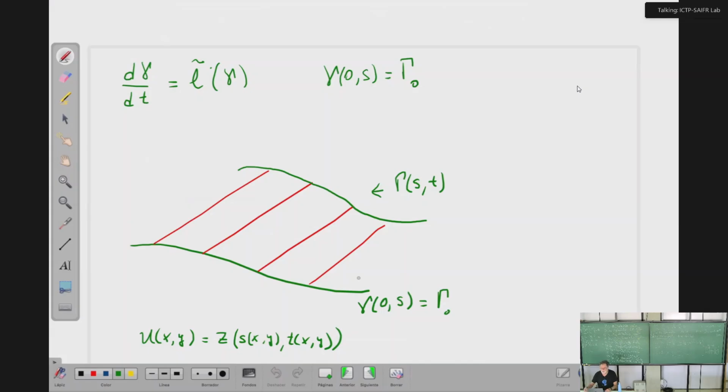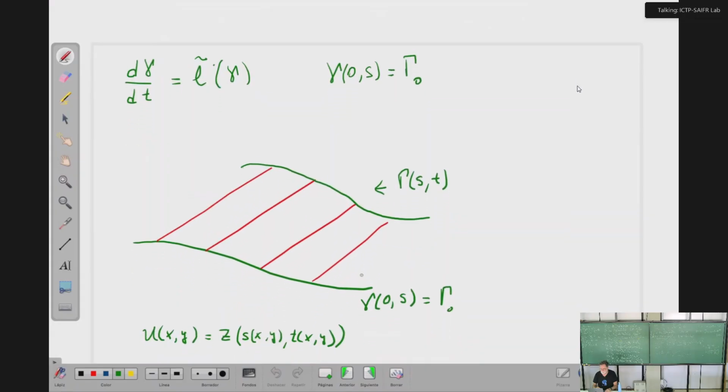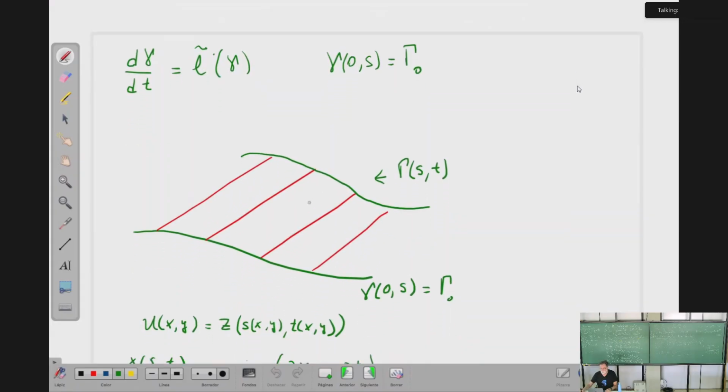So imagine you have this, you want to build this ruled surface.